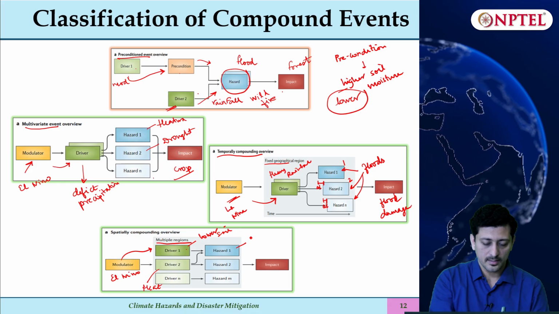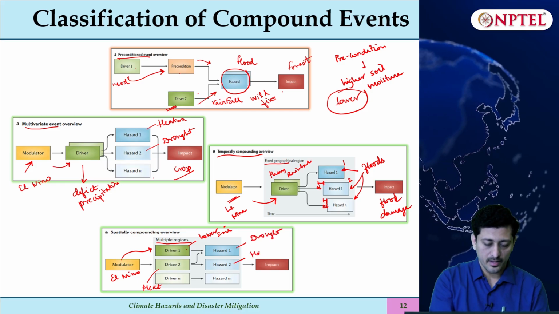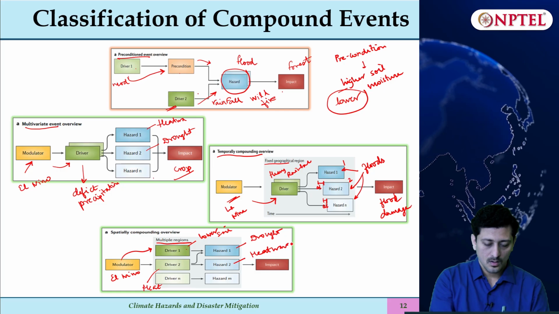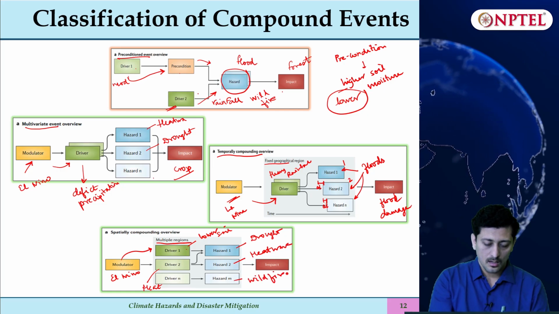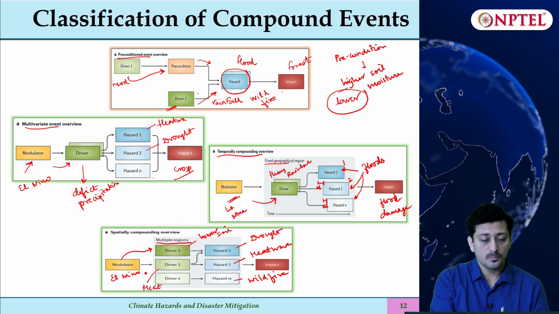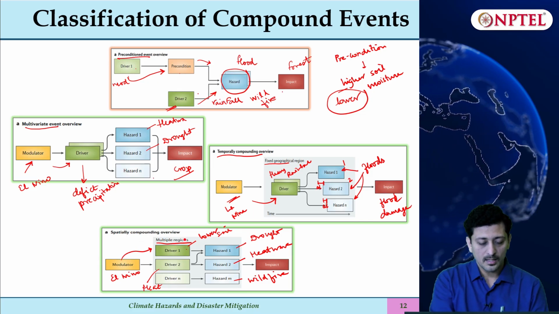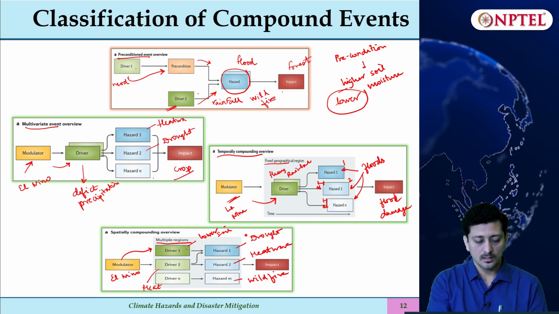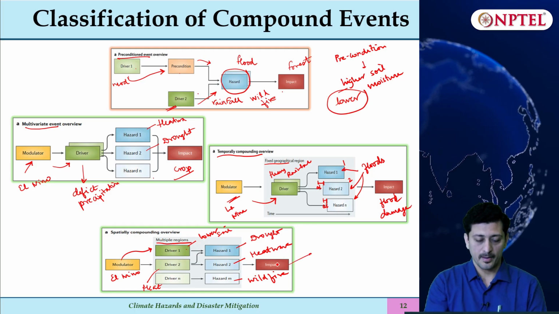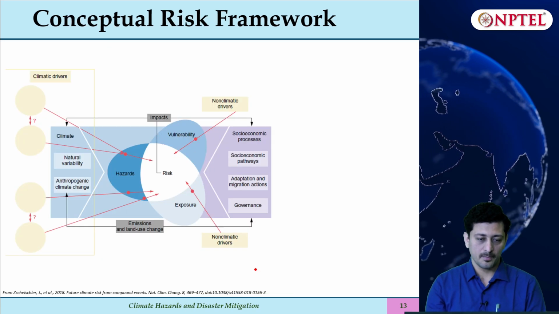Then it can cause either drought, or heat wave, or wildfire. So there can be multiple events which are spatially compounding. It can be drought also, it can be heat wave also, but there are multiple events which are concentrated, which has a widespread impact. So spatially compounding events have a lot of widespread impact.